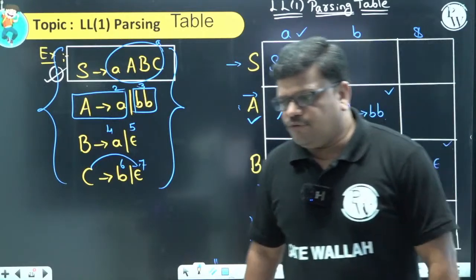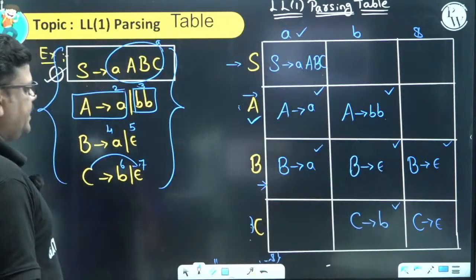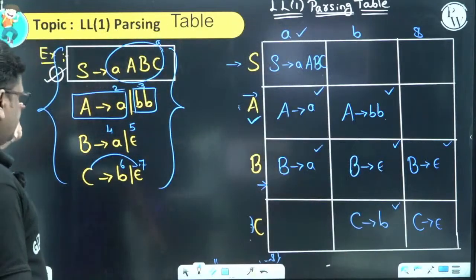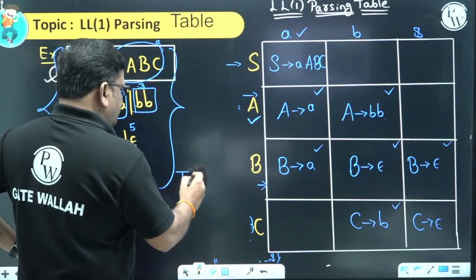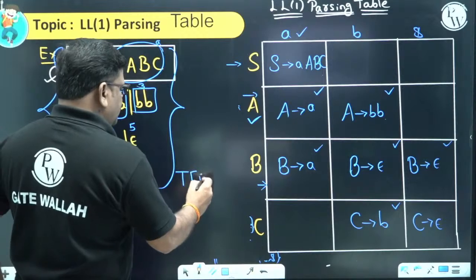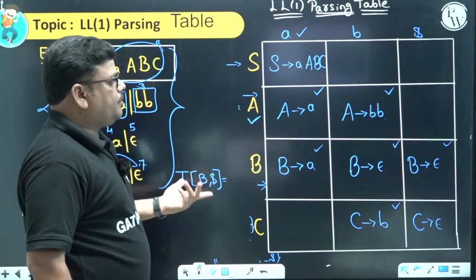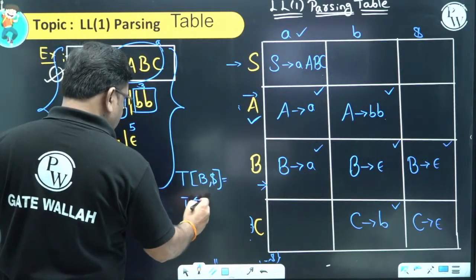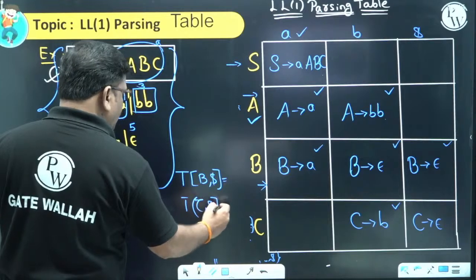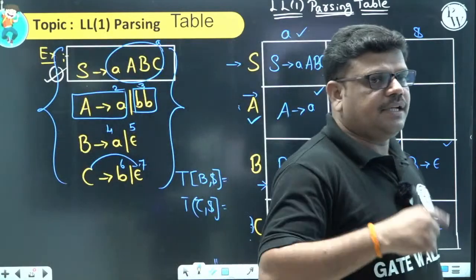So we have so many questions in the GATE exam like this. Sometimes they may ask what is the LL1 parsing table entry on B beyond dollar? Which production is there on B on dollar? And which production is there on C on dollar? These are common questions, asked many times in GATE papers from the table construction part.